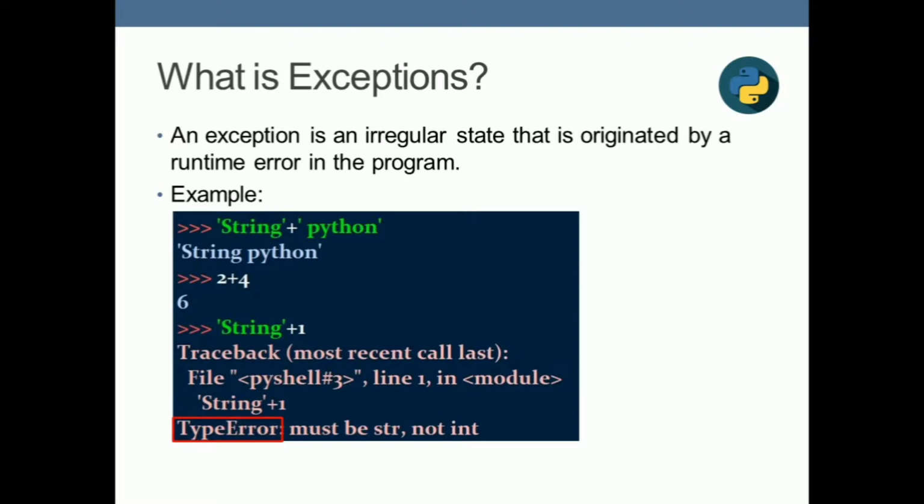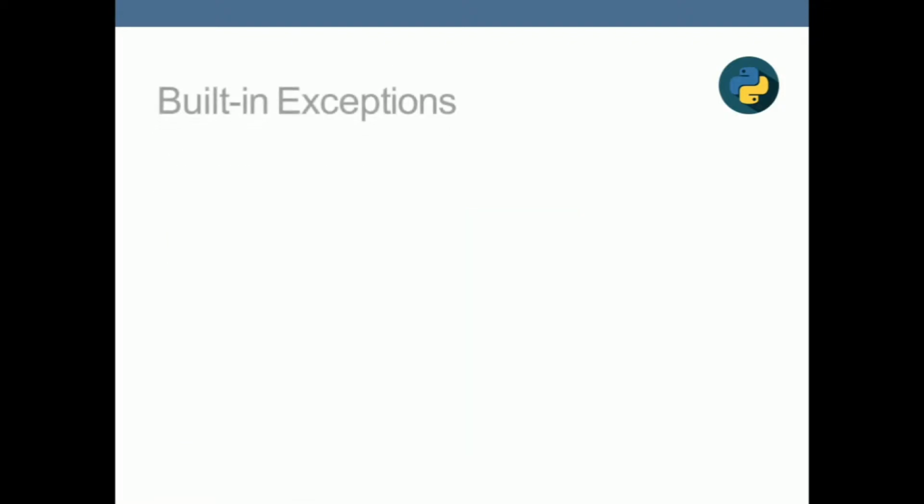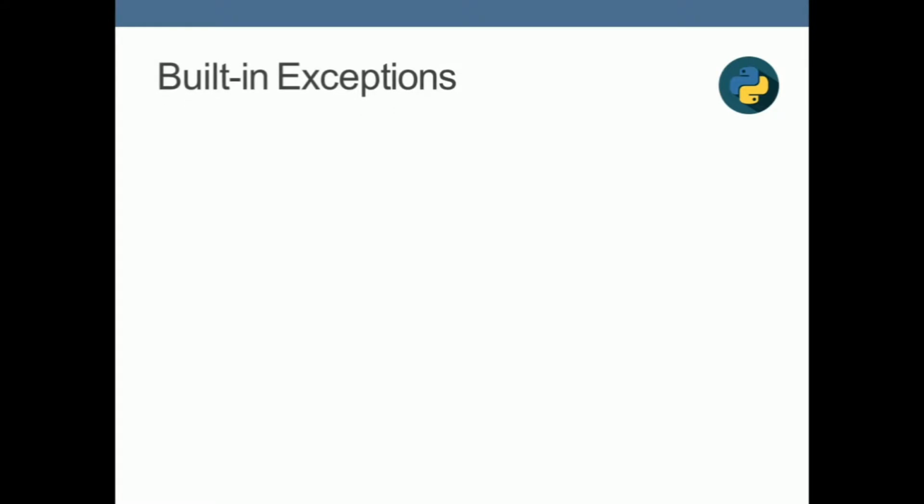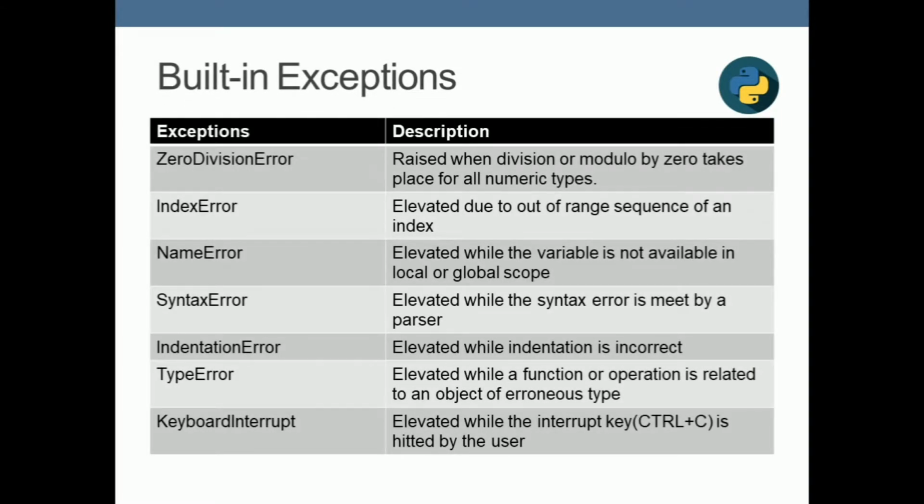There are more than 20 built-in exceptions in Python, and these are a few exceptions we regularly see while coding. The first is ZeroDivisionError. When we divide anything by zero, it raises an error. IndexError is raised due to an out of range sequence index. NameError is raised while the variable is not available.